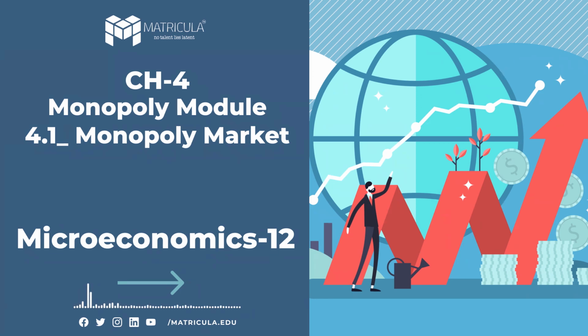When price per unit is 1 and quantity is 8, TR is 8, AR is 1 and MR is minus 6. Lastly, when price per unit is 0 and quantity is 9, TR is 0, AR is 0 and MR is minus 8.